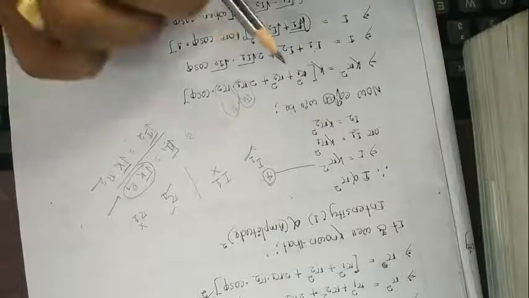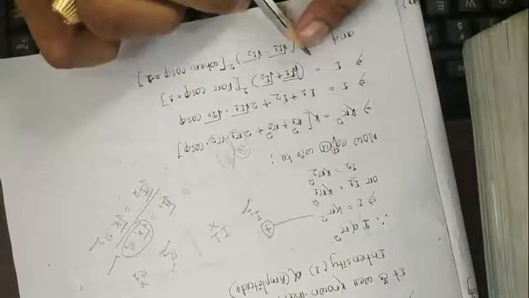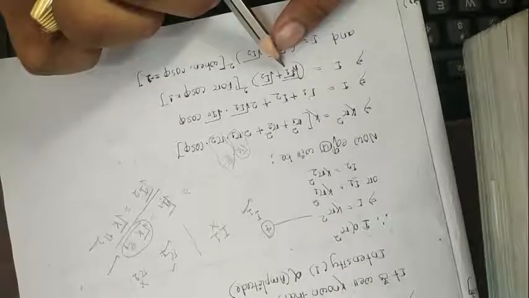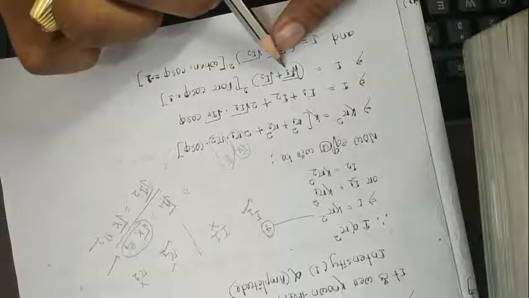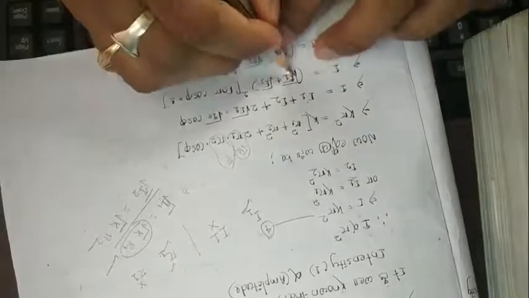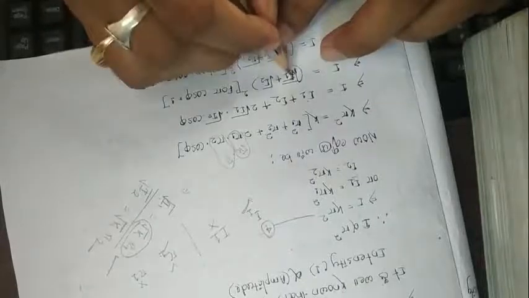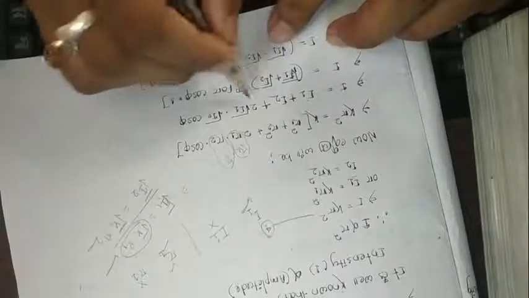Got it? Now, that implies I can be written as root I1 plus root I2 whole square.